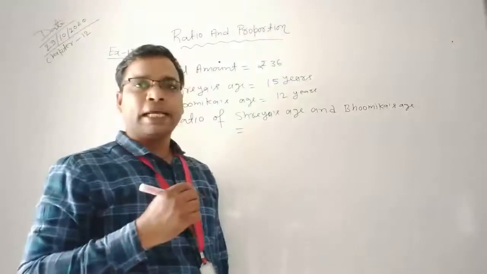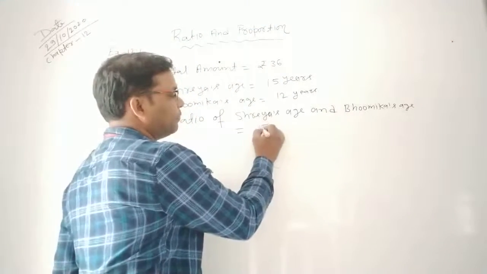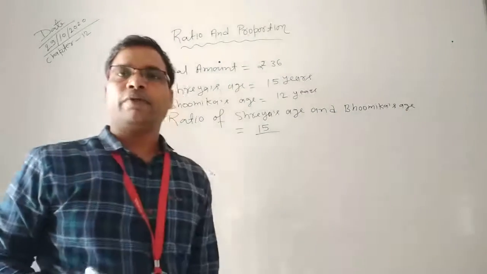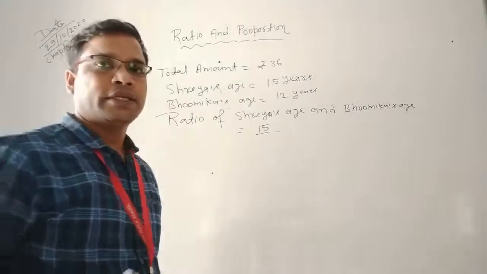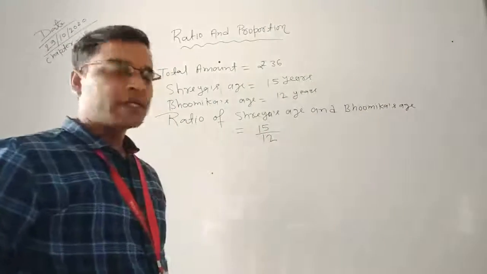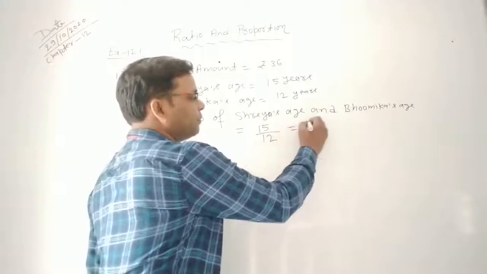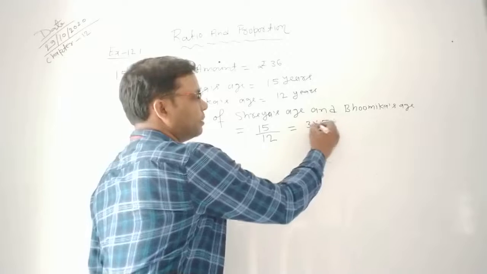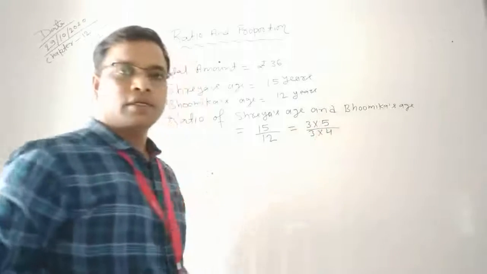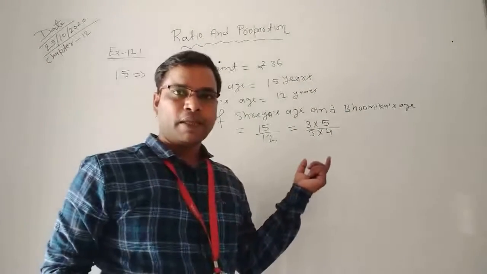The age of Shreya is 15 years, so you can write here 15, and the age of Bhumika is 12 years. So this is 12. So you can write 15, 3 into 5, this is equal to 15. And 3 into 4, this is equal to 12.